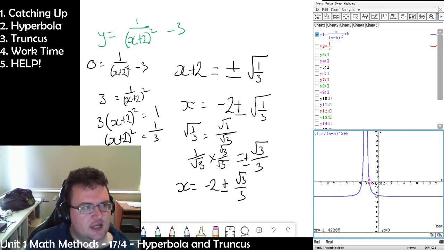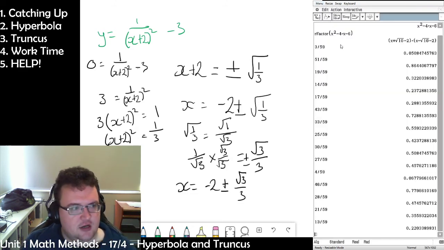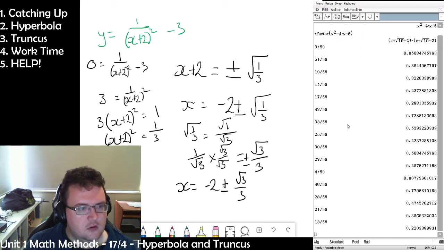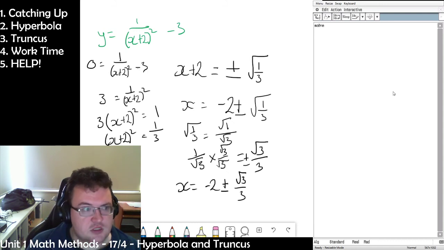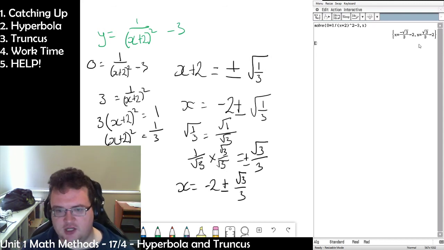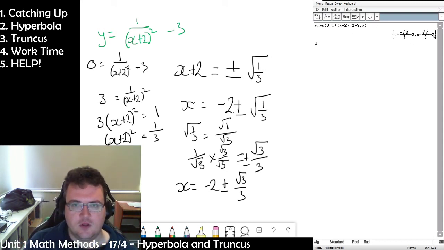So if we go back to our CAS and we go to the main menu and we ask it, solve 0 equals 1 on (x plus 2) squared minus 3, comma x, and it gives me negative 2 plus minus root 3 over 3.